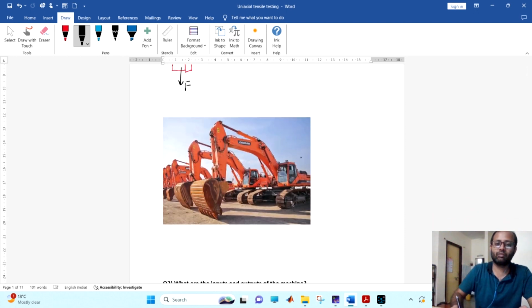In real cases, if you look at this excavator and its teeth, when it performs its work, it is not uniaxially loaded. The force acts here and has two components, so I am separating, or breaking, the forces.